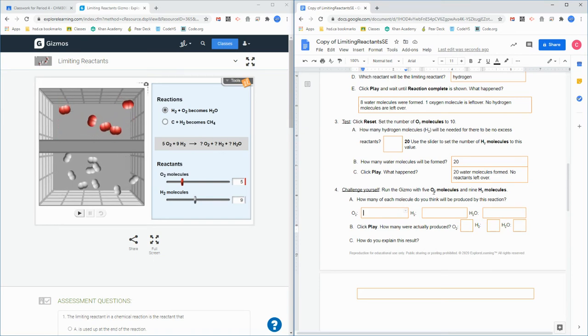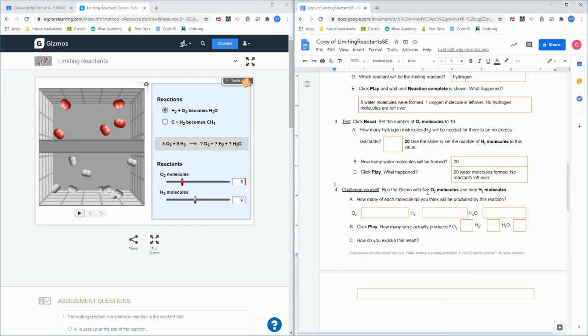So I think if we have 5 oxygen molecules, we can make, okay, so this is now challenging. It's under the challenge yourself. So we can make, with these 9 hydrogen molecules, 9 water molecules because it's H2O. 5 oxygen molecules gives us 10 oxygen atoms.